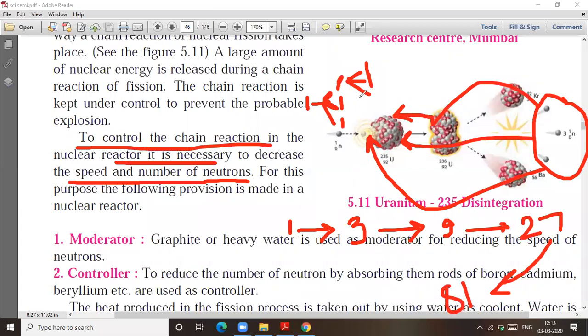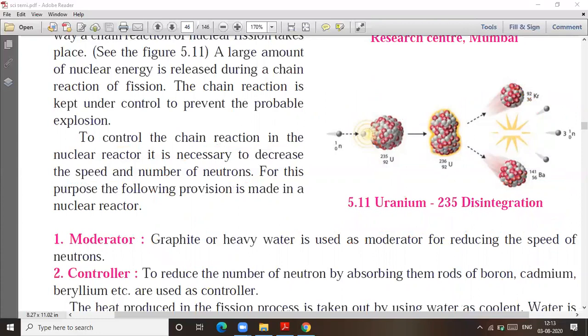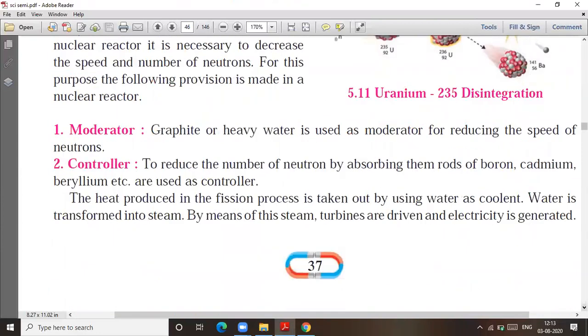The main thing is that in this whole process there is a production of a lot of energy, and this energy we use as atomic energy. Understood?